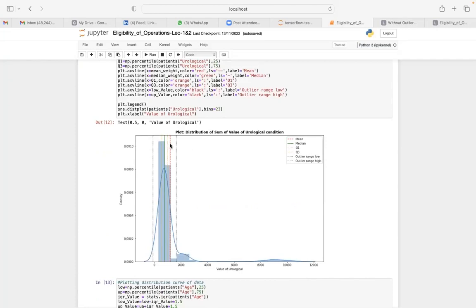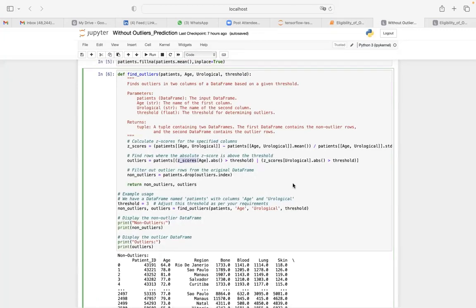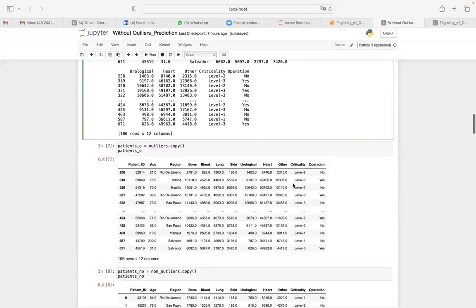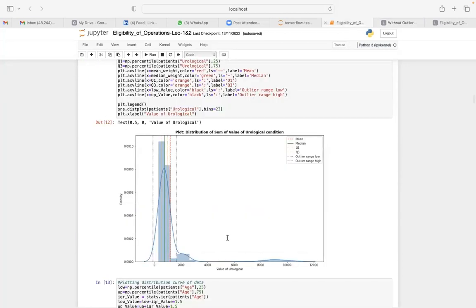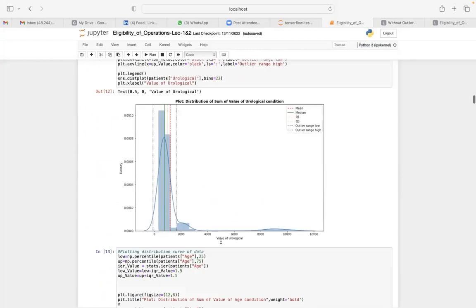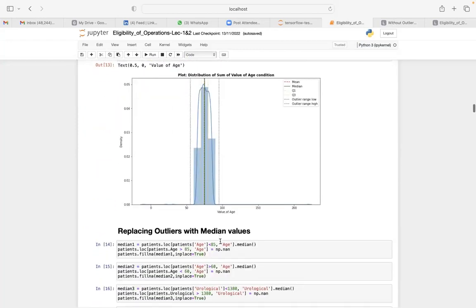If mean and median overlap, then we can consider this data as normally distributed. If it doesn't, then it's not normally distributed. So it's not normally distributed, but we can find outliers in those cases, and you can cross verify as well. From here, we set up a value of maybe 1380, as I remember.